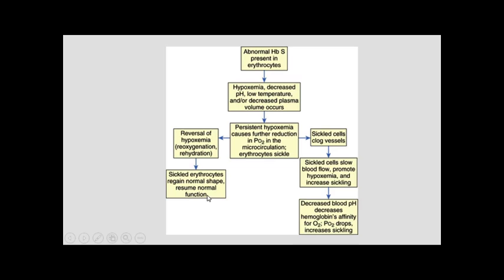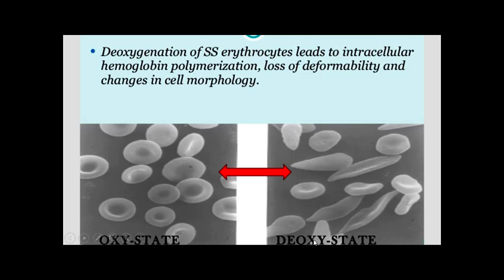So these patients have to avoid any condition that leads them to low oxygen levels, for example, smoking, dehydration, infections of any type, okay, because any condition that produces acidosis, hypoxemia, etc., will trigger a crisis.